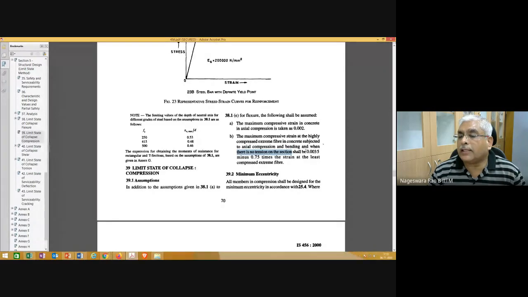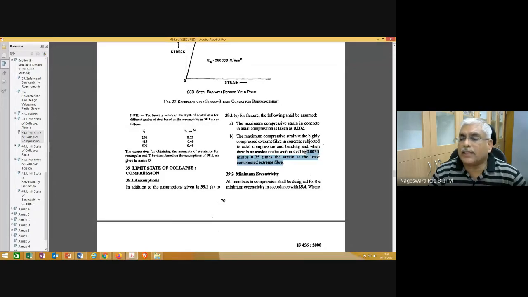Please note it as an equation: 0.0035 minus 0.75 times the strain at the least compressed extreme fiber. So the maximum compressive strain you need to make sure is limited to this one.